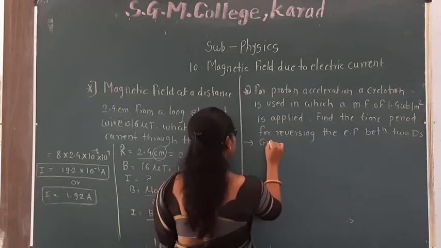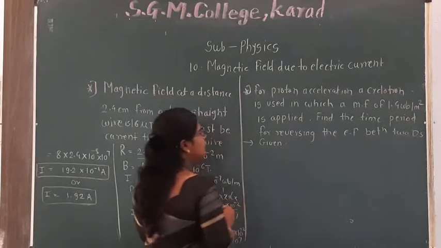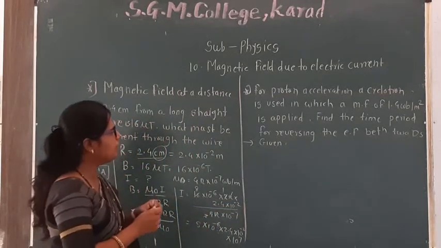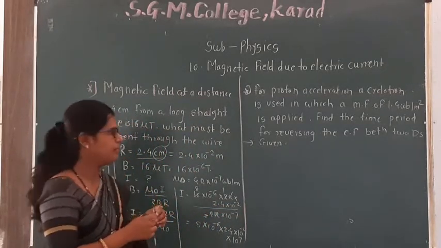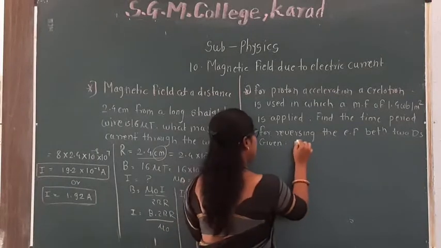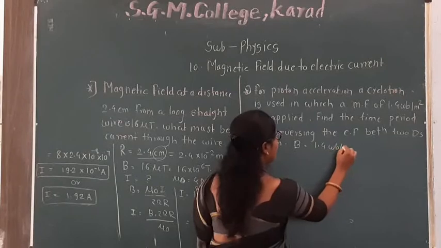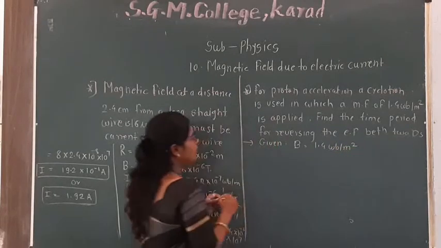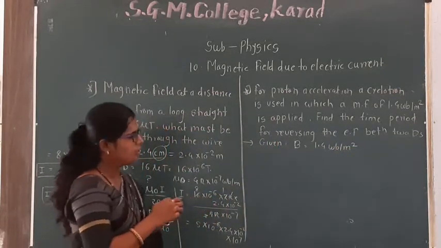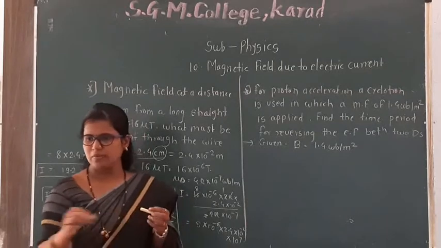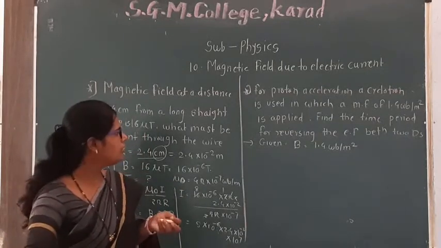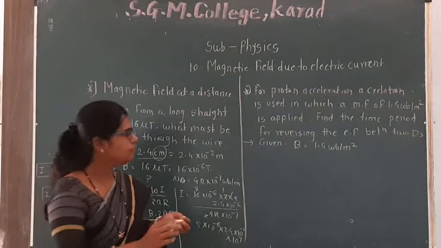Now see, given is, first the magnetic field. B is given, 1.4 Weber per meter square, and find the time period.